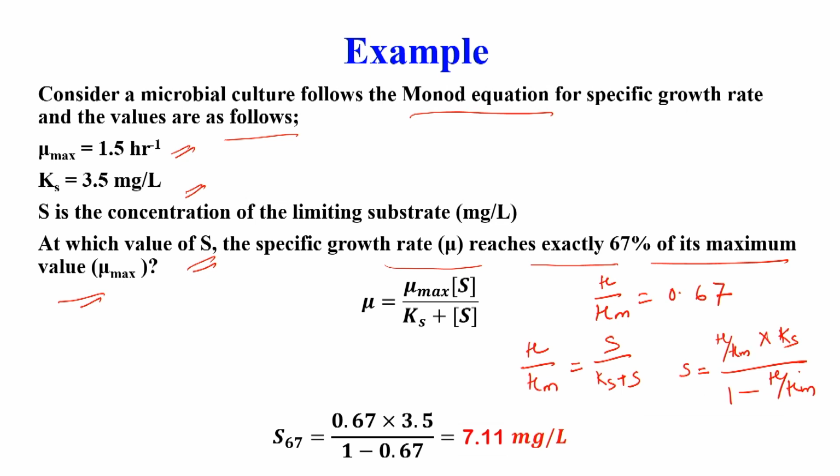All the parameters are given here, so we will get the value of S. At this value the specific growth will be 67%. In fact, if you remember what we have discussed, if you increase S, mu increases and reaches a plateau. So, at very high substrate concentration, it directly reaches mu equals mu max. So, I will stop here.